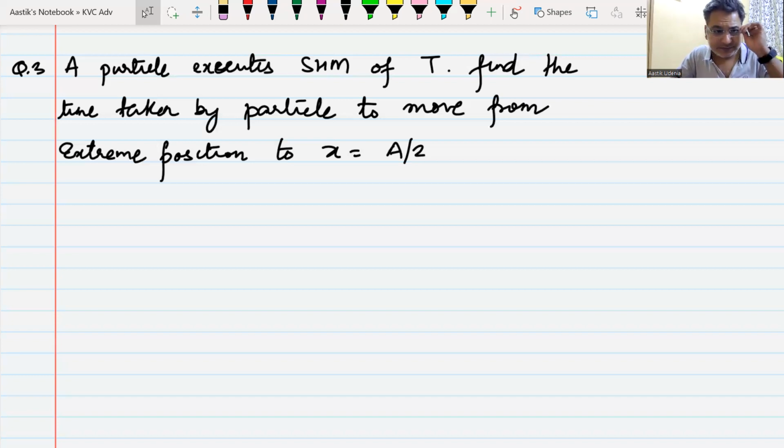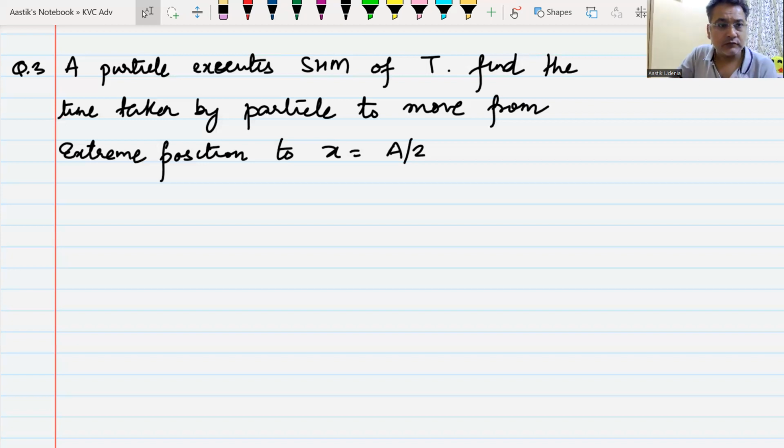Yes, tell me. Sir, we can consider that the SHM is starting from either side, maybe from the left or right side. I have considered it from the right side, that is, the phase is pi by 2. At t equals 0, its phase is pi by 2, and after some time, it is at A by 2.